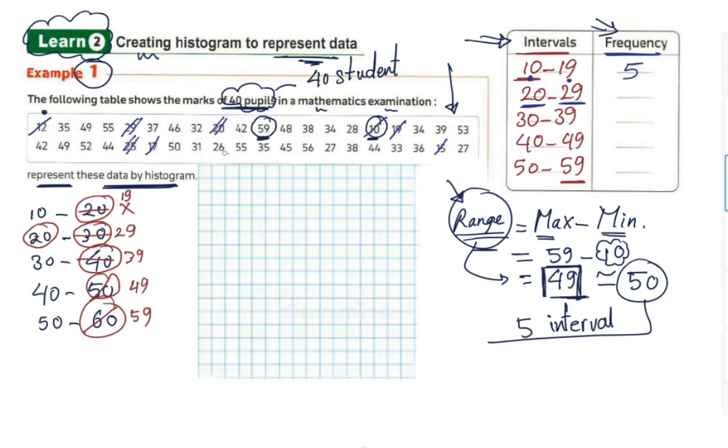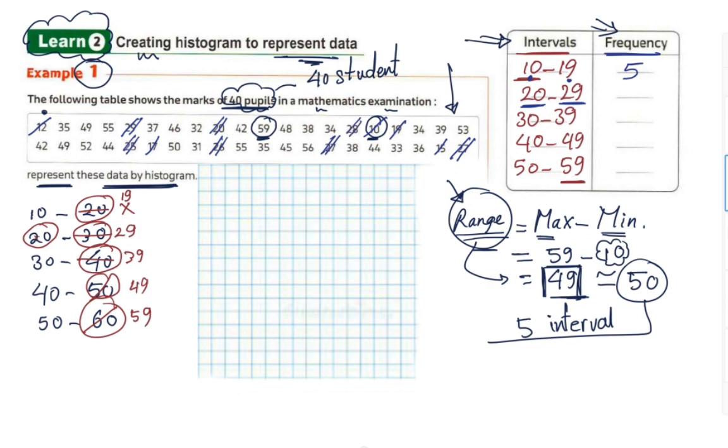We have 26. Yes, we have also 27. Now we have 1, 2, 3, 4, 5, 6. Any other one between 20 and 29?